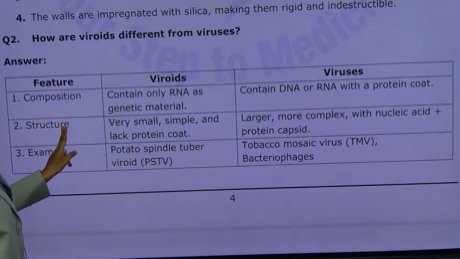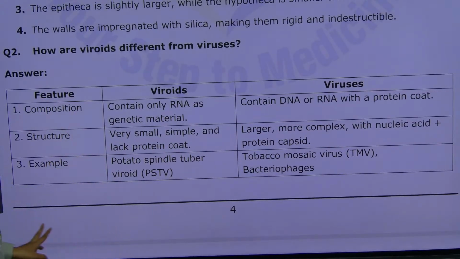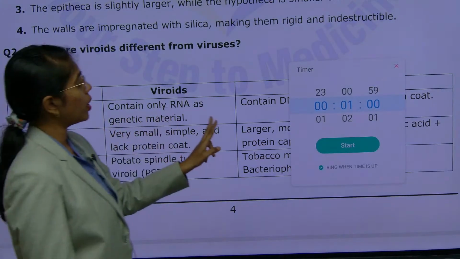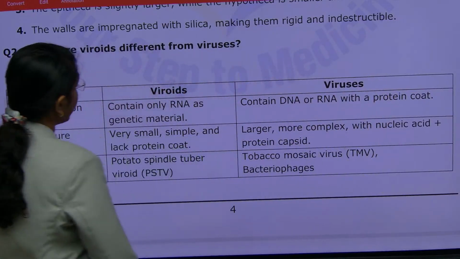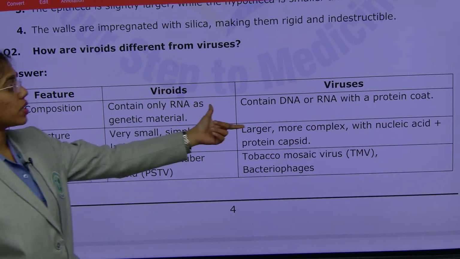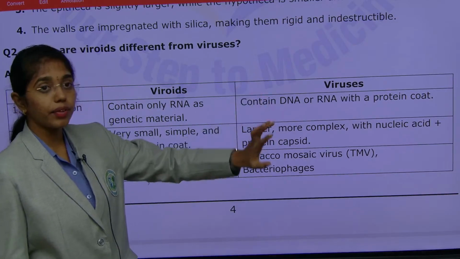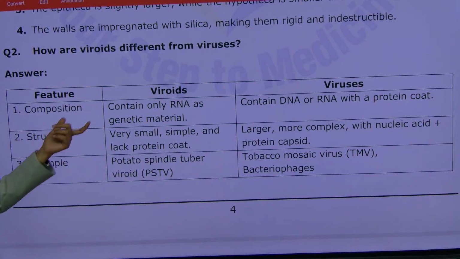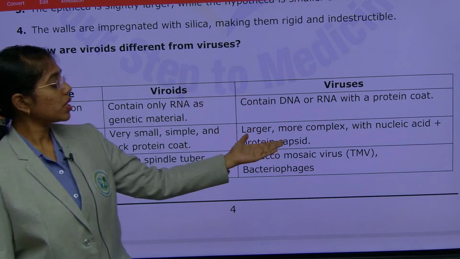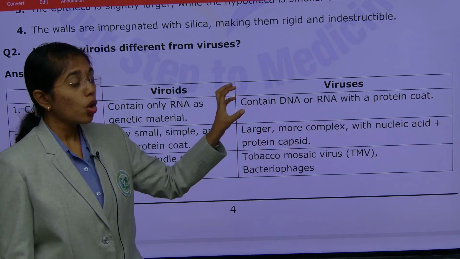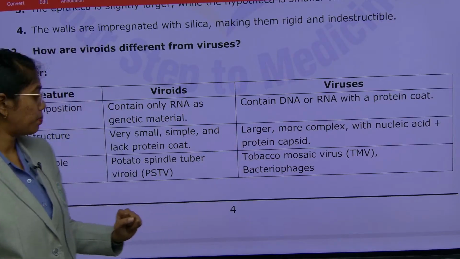How are viroids different from viruses? In composition, viroids contain only RNA as genetic material, whereas viruses contain both DNA and RNA with a protein coat. In structure, viroids are very small and simple and lack a protein coat, while viruses are large and more complex, with nucleic acid and a protein capsid.